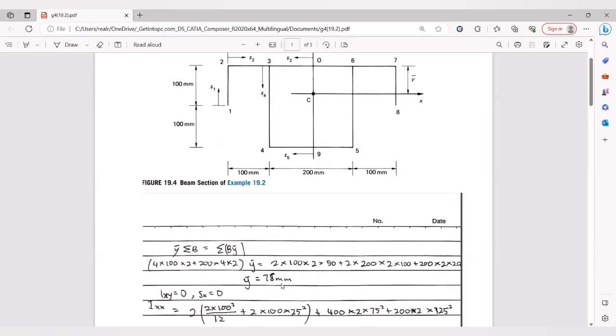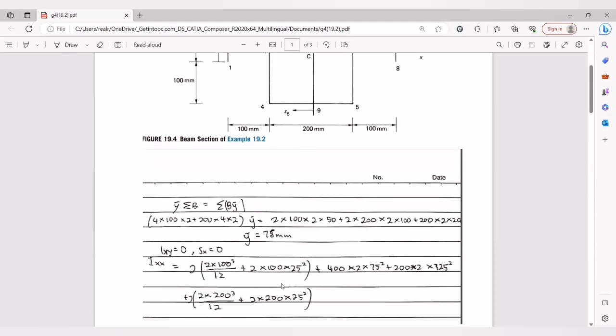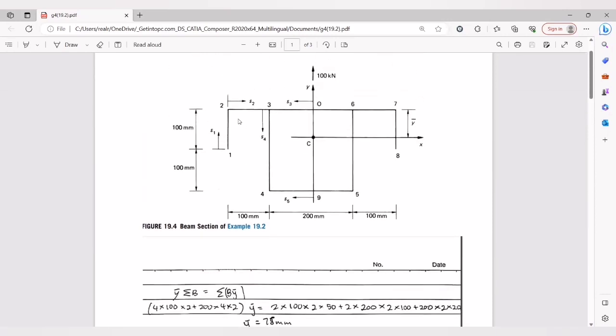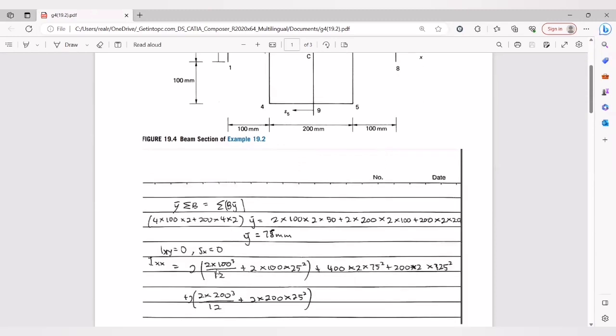After that, we calculate the Ixx. We calculate it within four areas. The first part is at this point, the second part is this, the third is this one, and the fourth is this one. The first part is height and base.